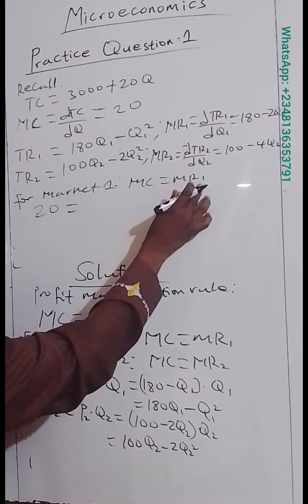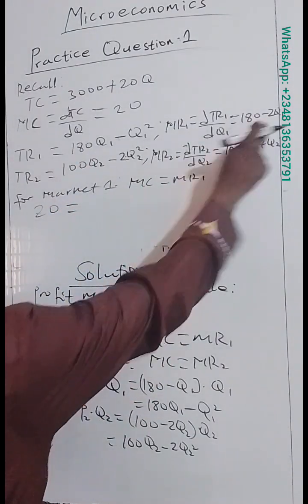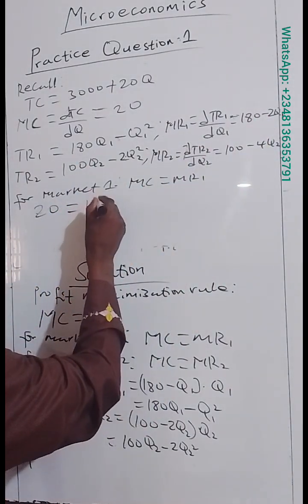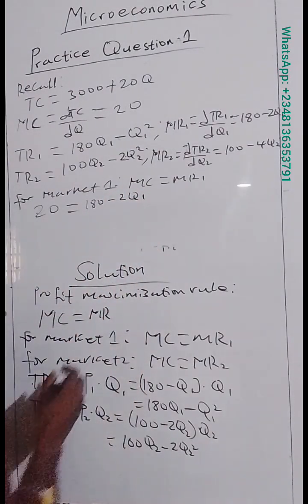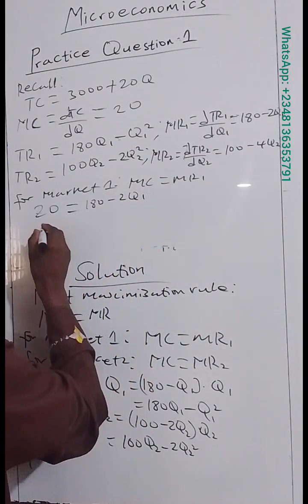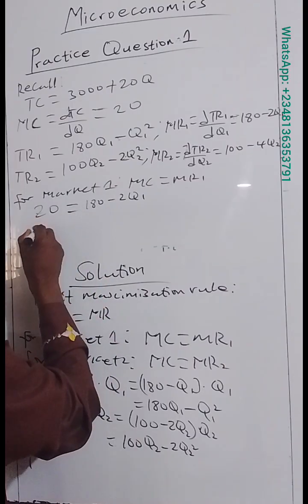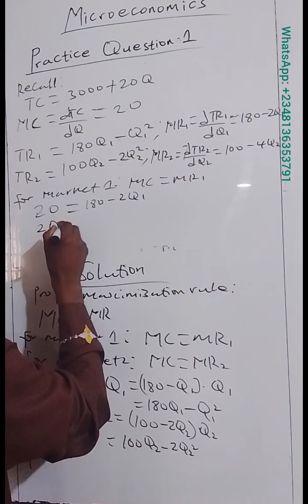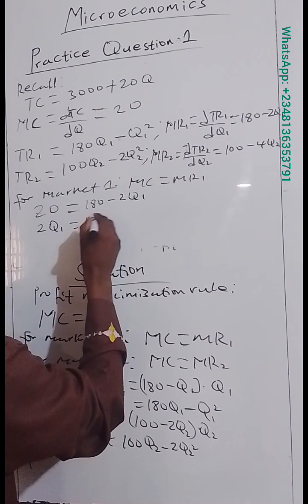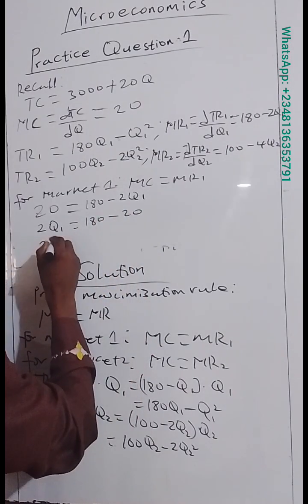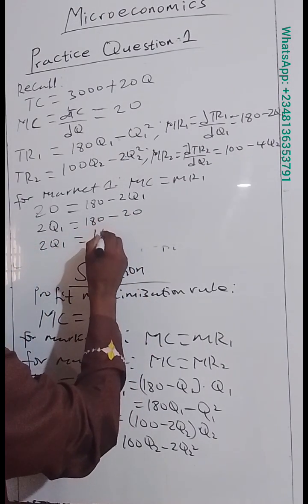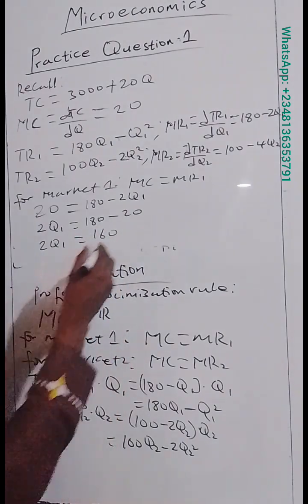Then 20 equals MR1. What's our MR1? Our MR1 is 180 minus 2Q1. This can be simplified further. When we collect the like terms, we have 2Q1 equals 180 minus 20, then 2Q1 equals 160.